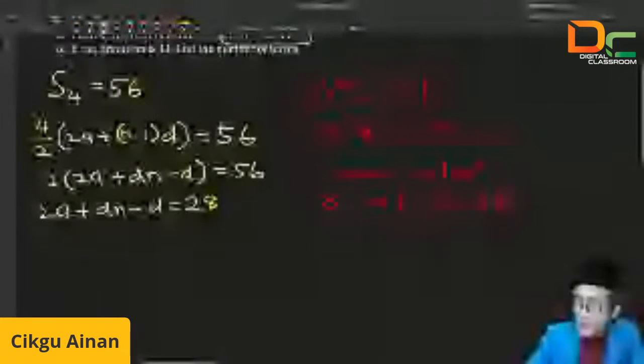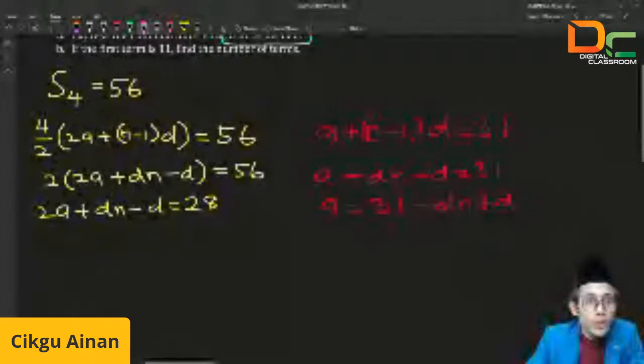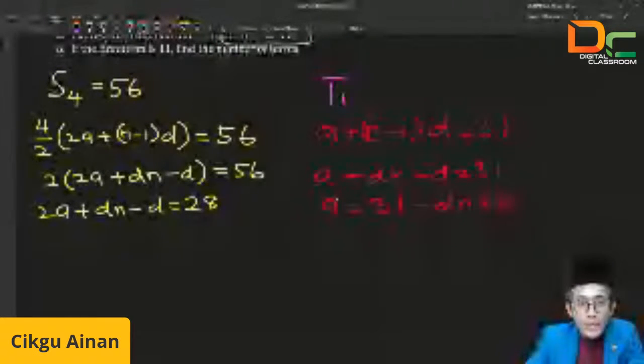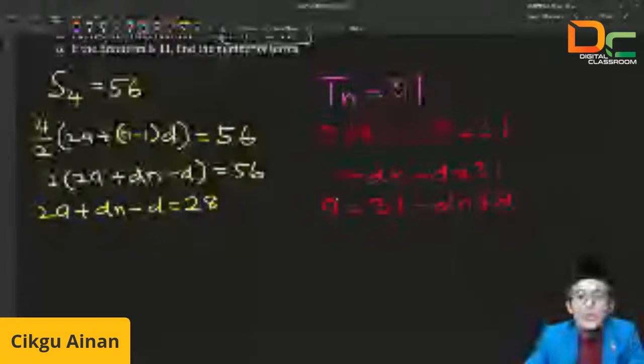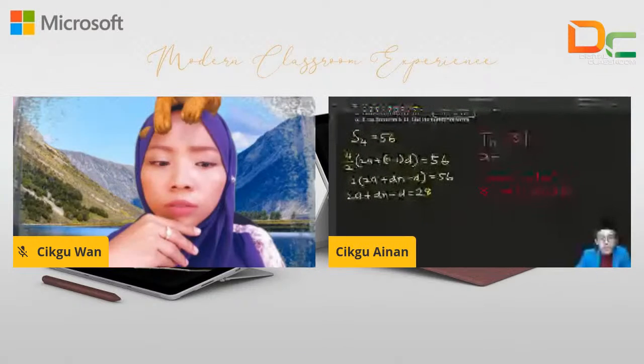Wait, I scroll a little bit. Okay, can't you see the red one, sir? Can't see. If that's the case, I use pink. Okay, wait, I change. Okay, no problem, things can be discussed. This one. Okay.